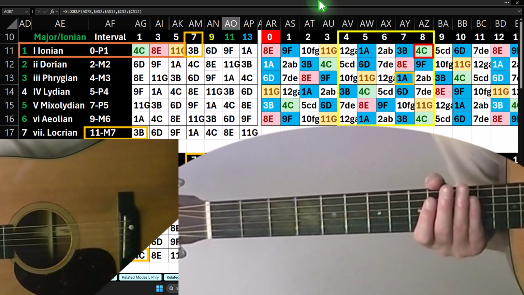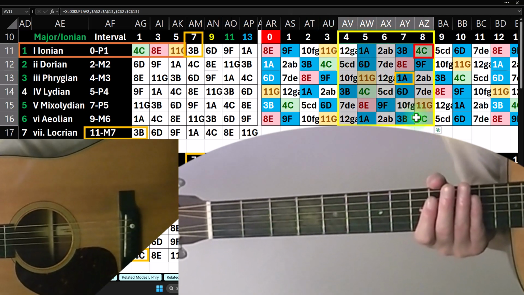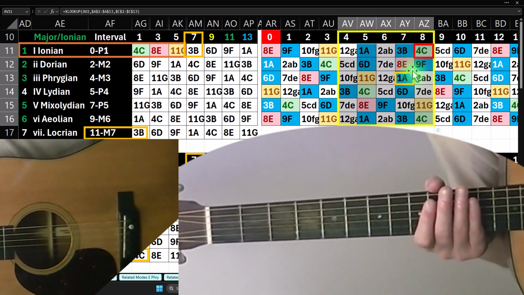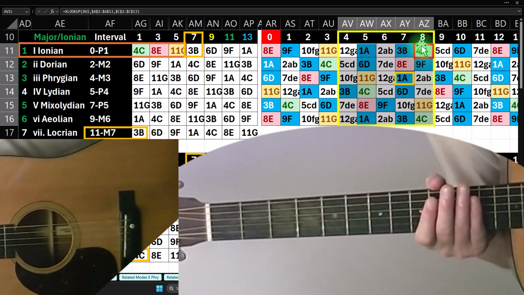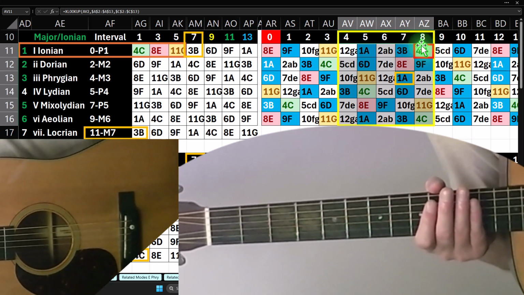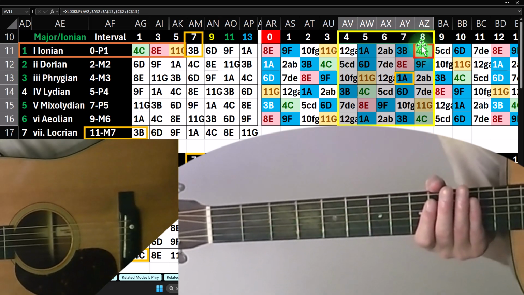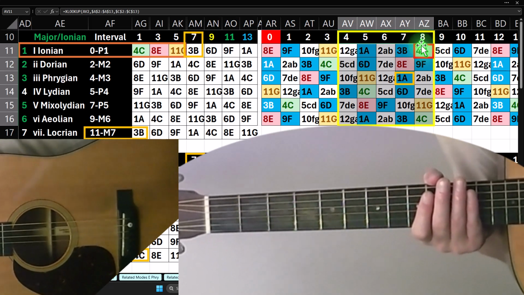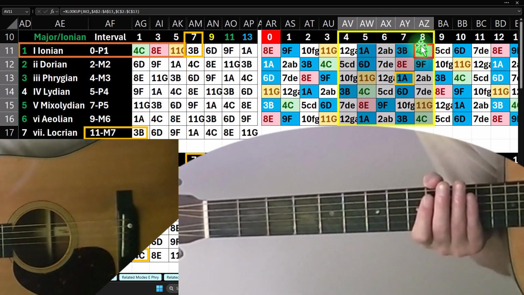We can just learn the shape itself, play the shape up and down, and then alternate where the starting point is in the shape, allowing us to alternate between the major scale and related modes: Dorian, Phrygian, Lydian, Mixolydian, Aeolian, and then the Locrian if we wanted to play in the Locrian.